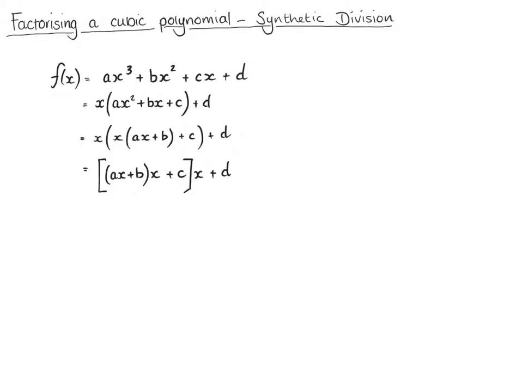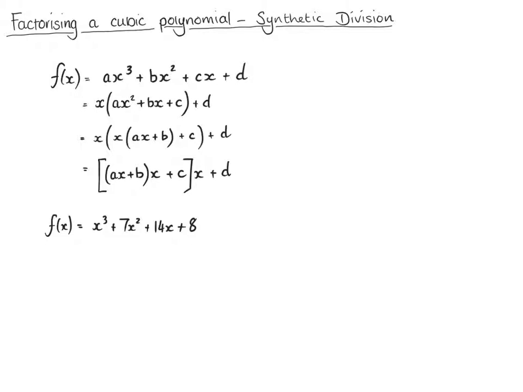So instead of just letters, we're going to put numbers in. So we're going to have f of x equals x cubed plus 7x squared plus 14x plus 8.